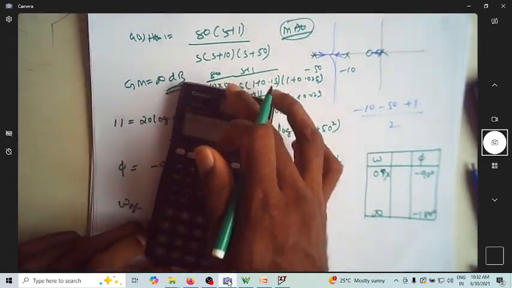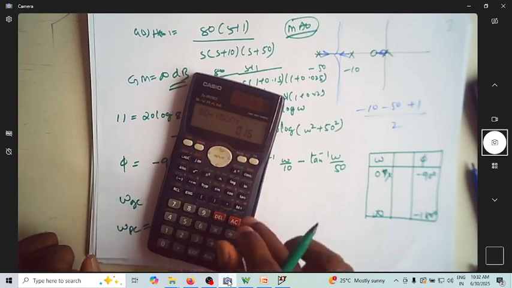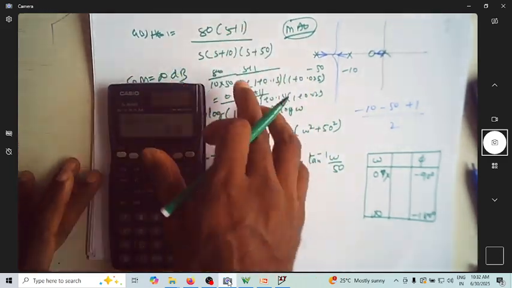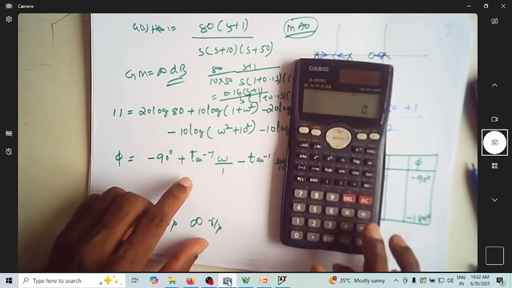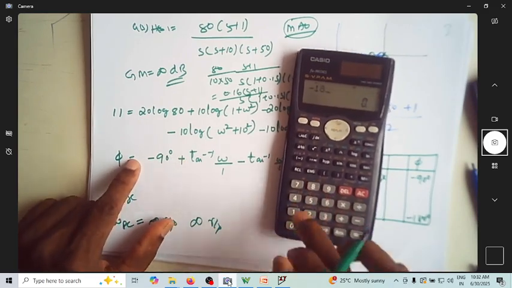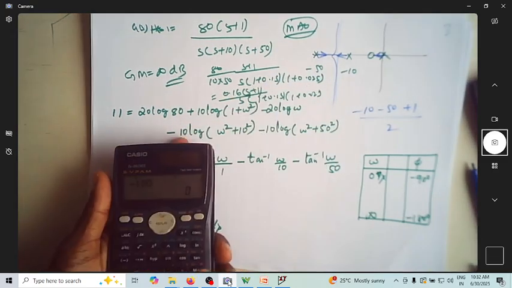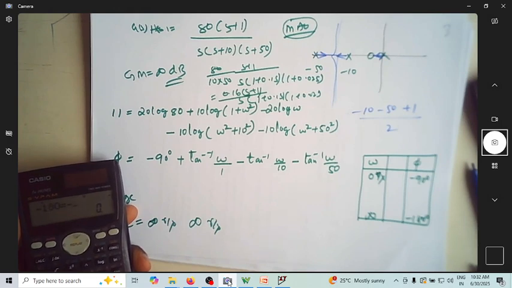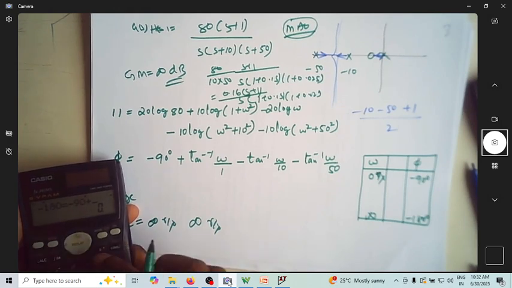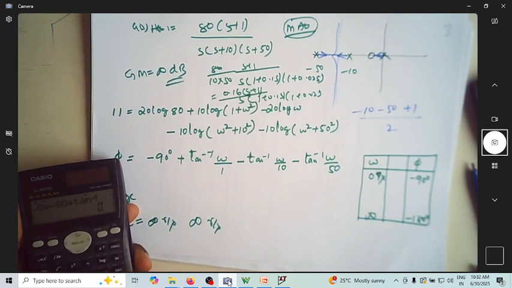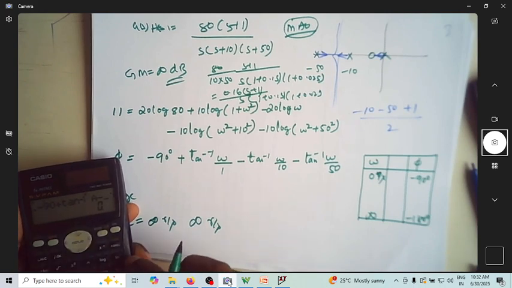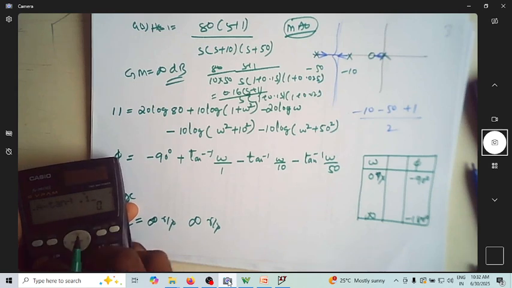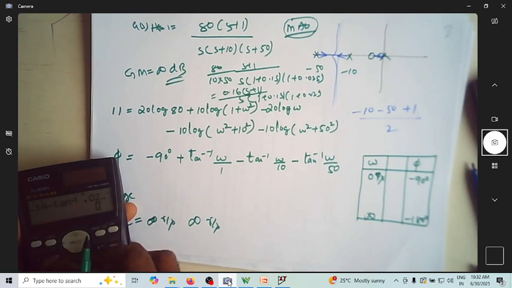If you put this into your calculator and try to find omega PC, it will say it can't solve. Let me just show you what happens. Now, if you equate this to minus 180, I'm just typing it here: minus 180 equals minus 90 plus tan inverse of omega a, minus tan inverse of 0.1 omega a, minus tan inverse of 0.02 omega a.